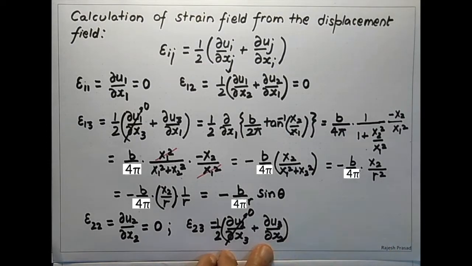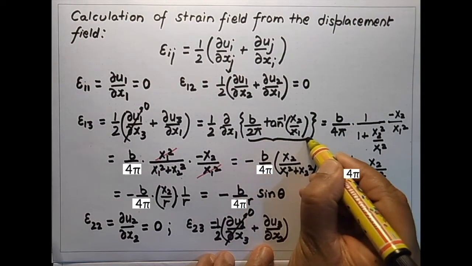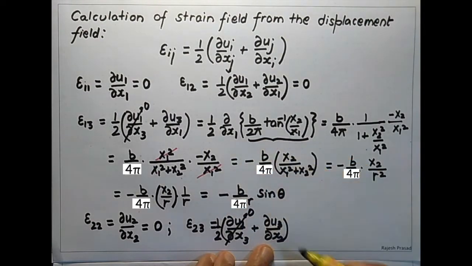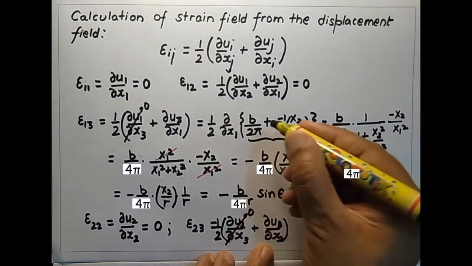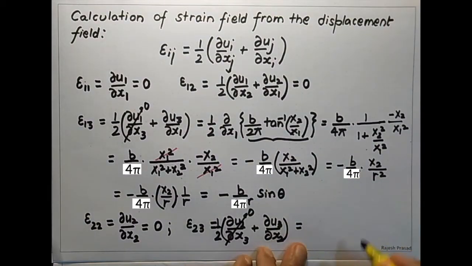For del u3 by del x2, you have to differentiate the u3 component with respect to x2. If you do that in the same procedure, I have gone into detail, so I leave this to the algebra. You will get simply plus b by 2 pi r cos theta.